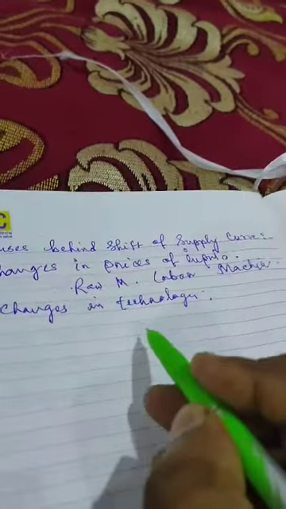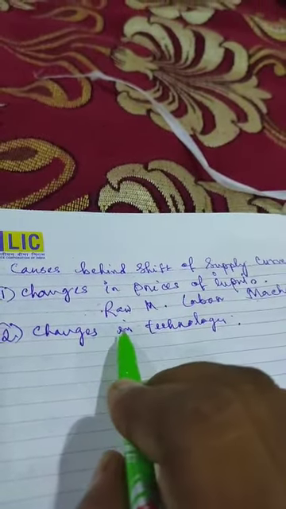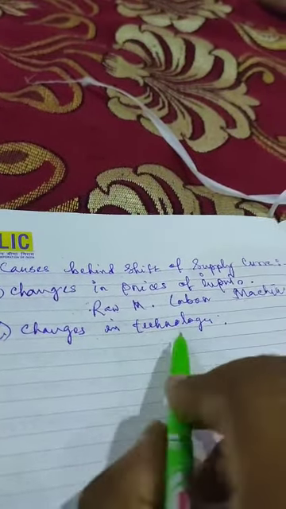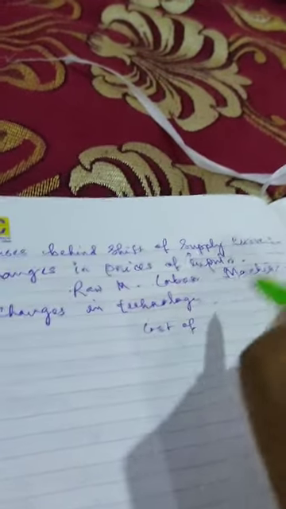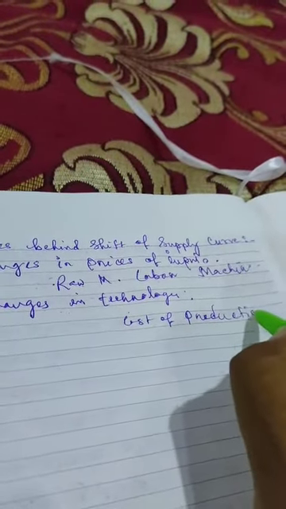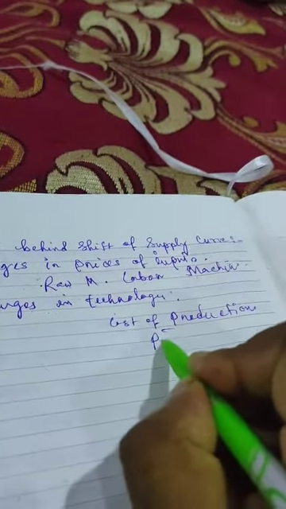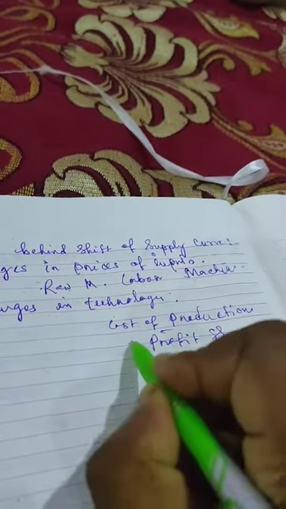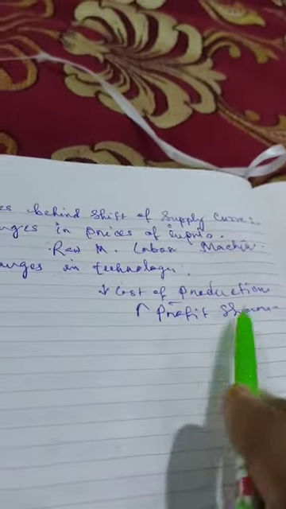Automatically the cost of production will decline, and as a result the profit share of the producer will increase. Cost of production declines means profit share of the producer will increase.